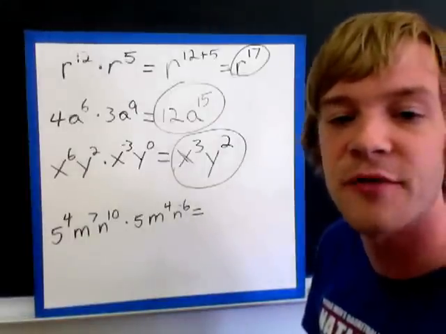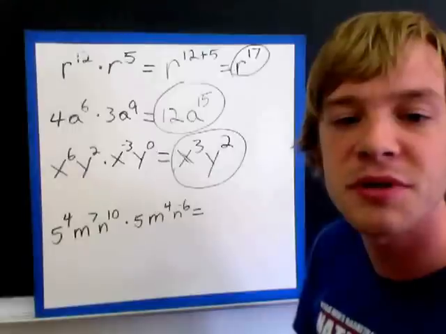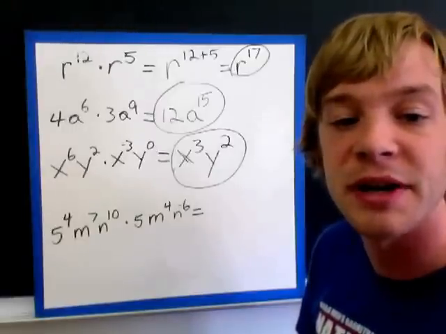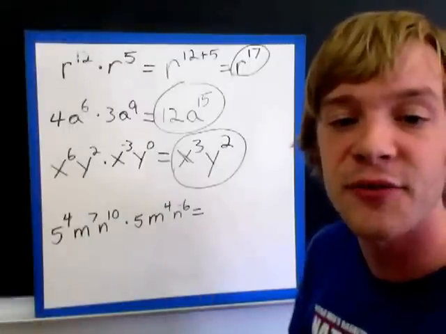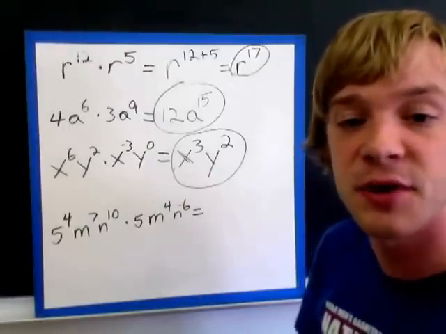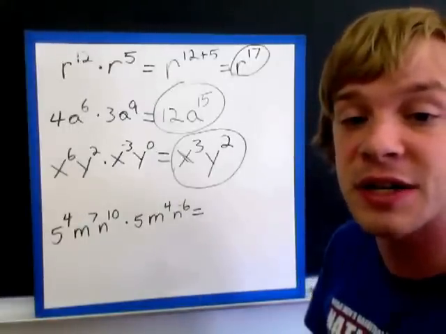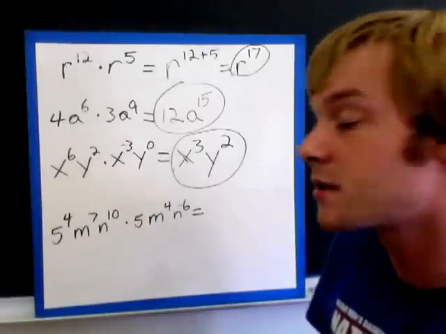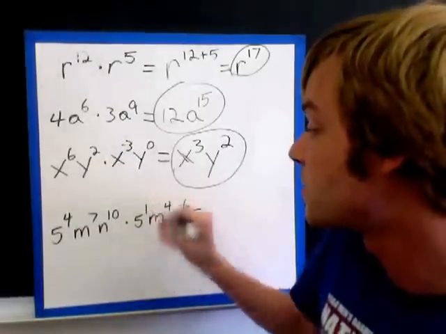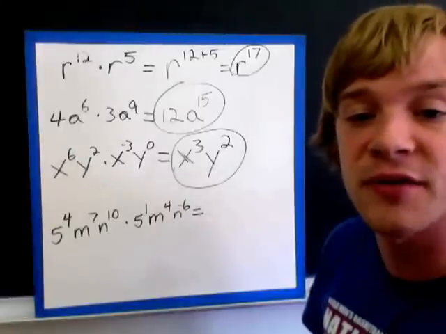With the last one, I have both numbers and letters, and my numbers are raised to a common power as well. So I have 5 to the 4th times by 5. Well, I know that that 5 without an exponent counts as having an exponent of 1. So I have 5 to the 4th and 5 to the 1.